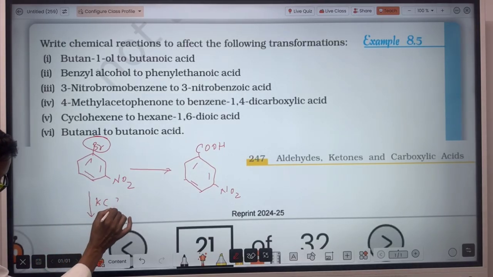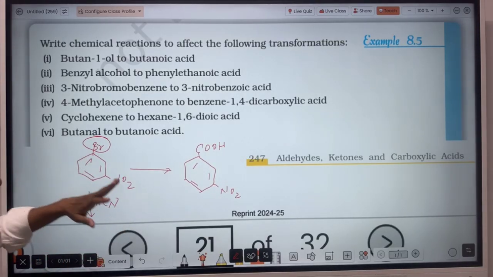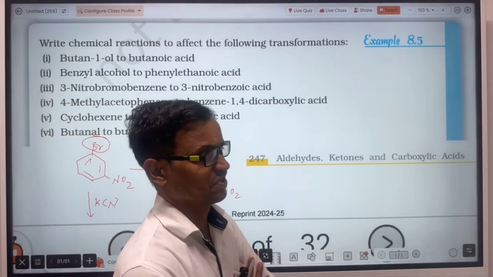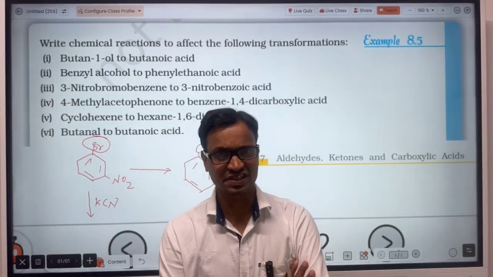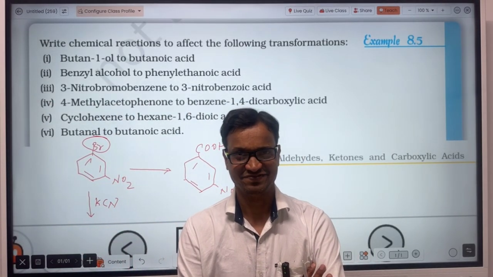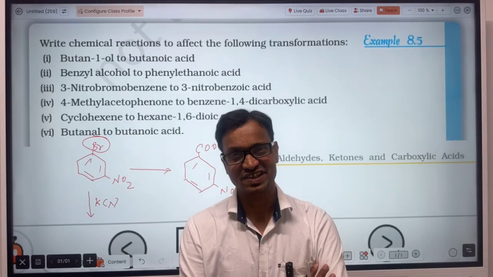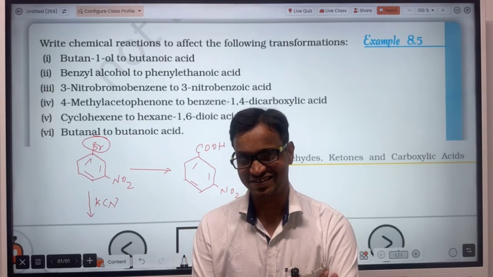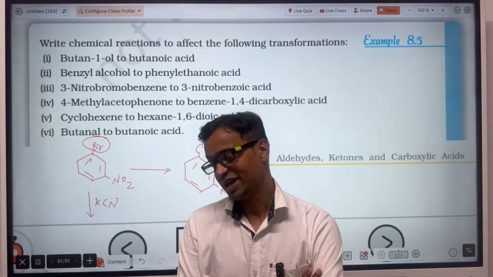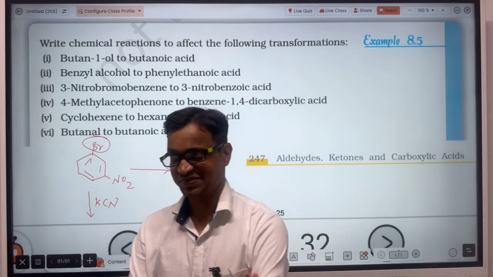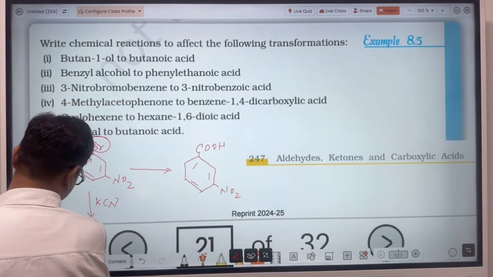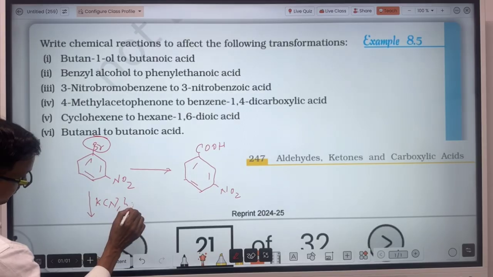So KCN, and watch out here that nucleophilic substitution reaction in haloarene is difficult. So this reaction will take place in harsh conditions. So you will have to apply heat also. So take KCN and add heat.